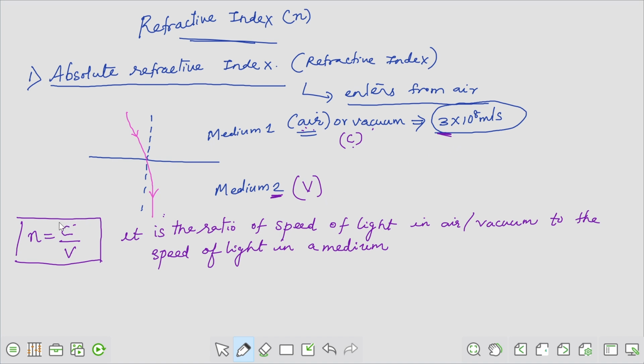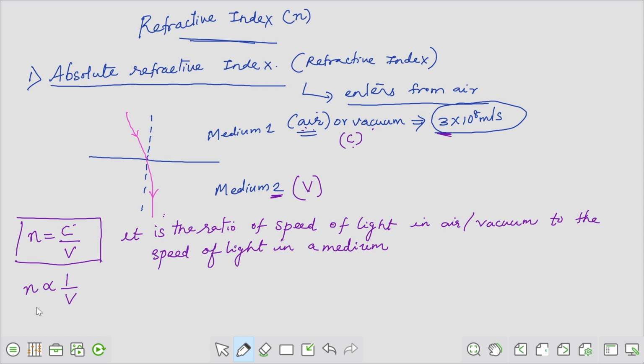So, since this part of the formula is constant, we can write N is proportional to 1 by V. If one quantity in a formula is constant, we can use this proportionality symbol. So here C is constant, so I can write N proportional to 1 by V.